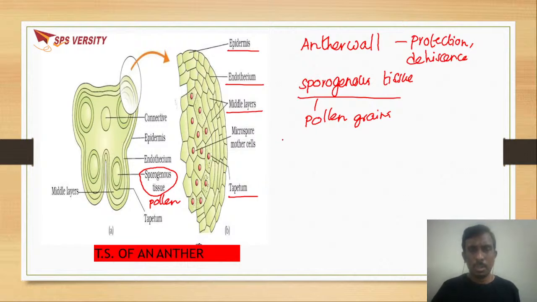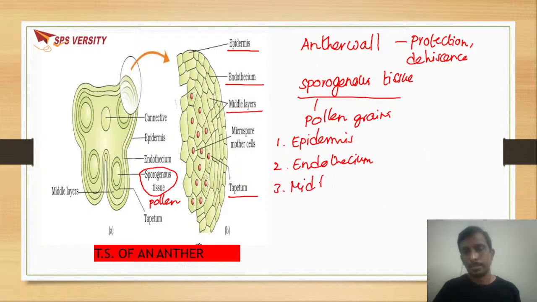Outermost layer is called epidermis. The second layer is called endothecium. The third layer is called middle layer. And the last, the innermost layer, is called epithelium.